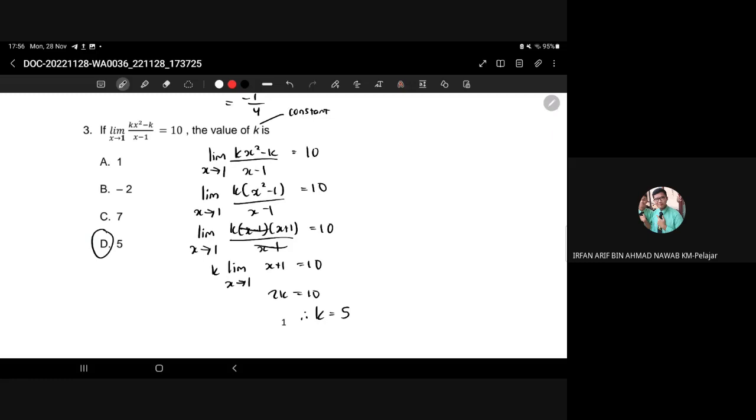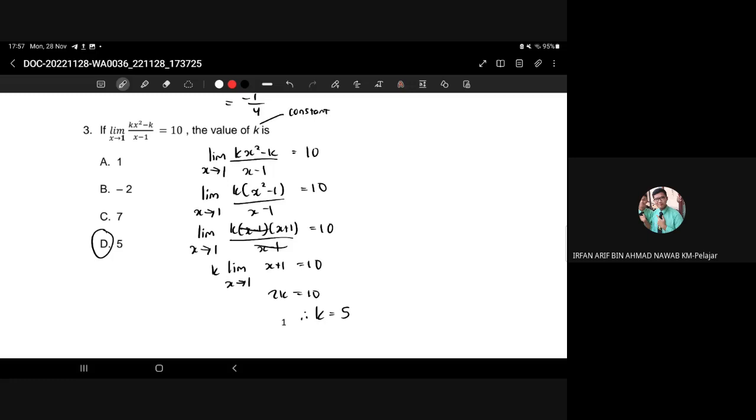Okay. So what are the important things that you have to know for this question? First, you have to know your limit laws, your factorization, simplify the expression, the function. But if you guys like direct substitute, I forgot to mention this. Obviously, you will get the indeterminate form where it is 0 divided by 0.